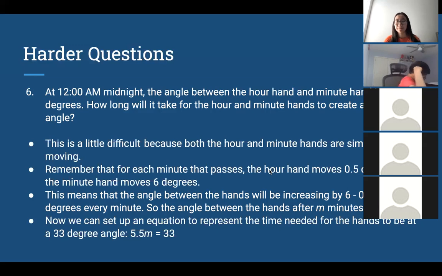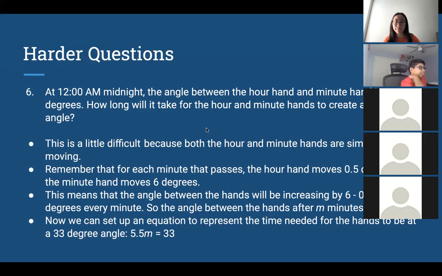Type it in the chat. Yeah, m here equals 6.